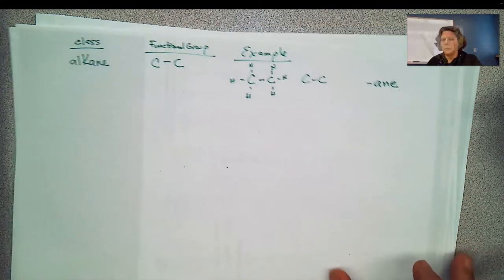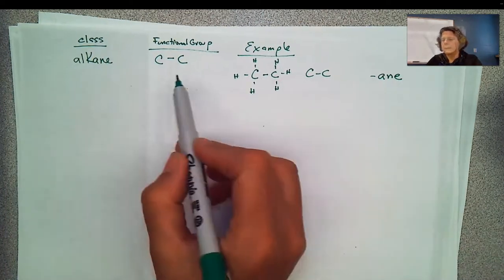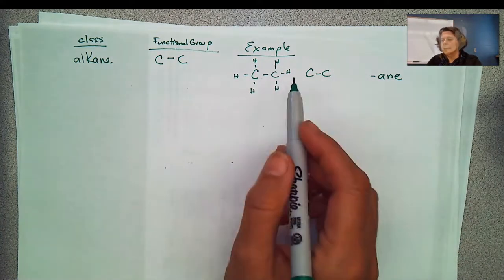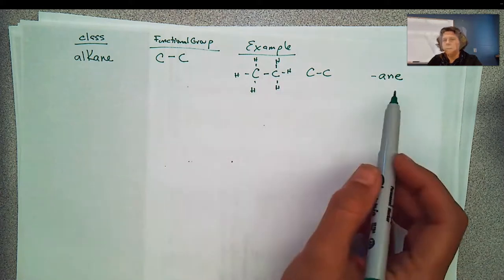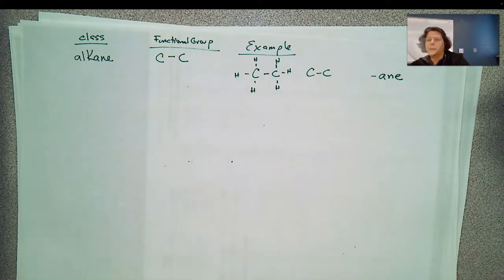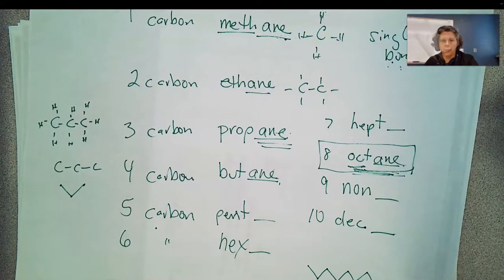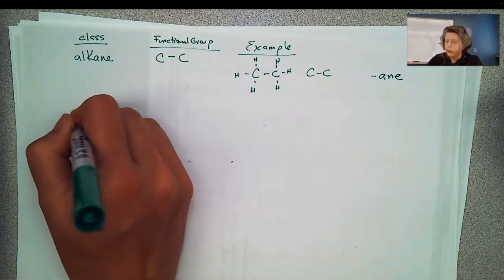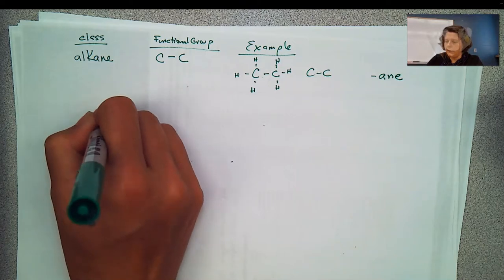Okay, so we have alkanes, single bond C. It looks like this, this, and this. And if you had 4 carbons, we can go back to this sheet here and say, okay, 4 is butane. Now the next one on our list here is alkenes.